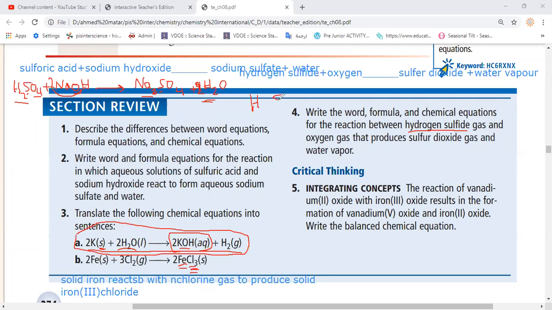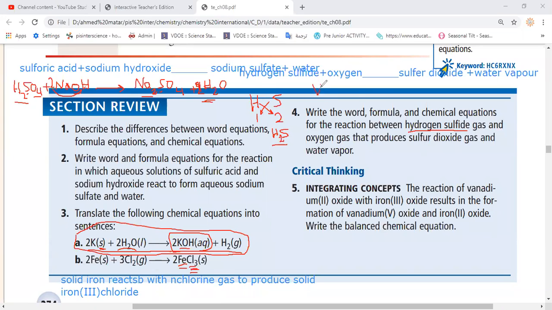S. The valency of hydrogen is 1, it just has 1 electron. Sulfur's valency is 2. So we're going to switch places because it's an ionic compound, so we find H2S. That is hydrogen sulfide.